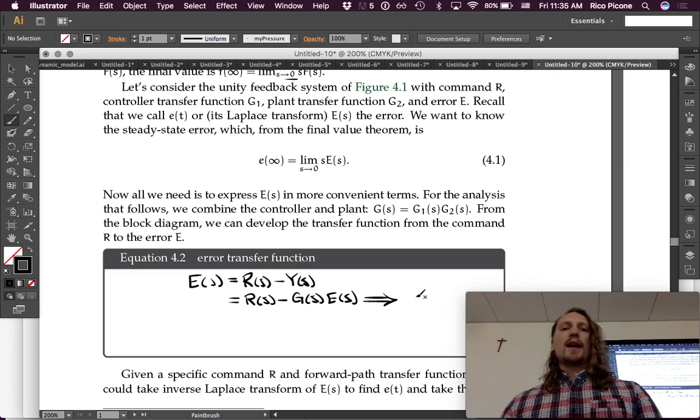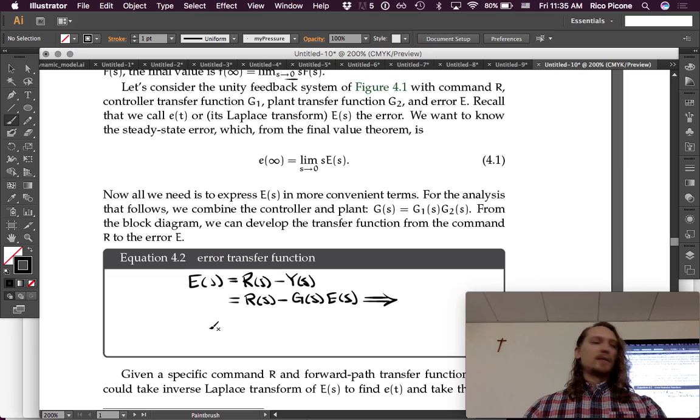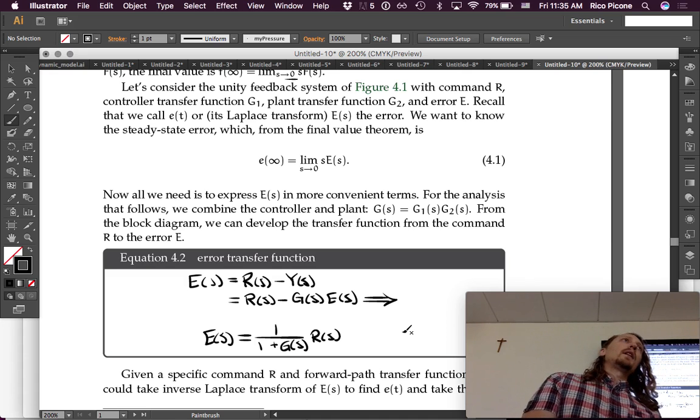Now we've got E on both sides, so we have to bring this term over, factor out E, and divide whatever is left to the other side. So we end up with E of s equals 1 over 1 plus G of s, which is what was left over on the left-hand side after we factored out E, times R of s, which we left on the right-hand side. So there's our transfer function from the command R to the error E.